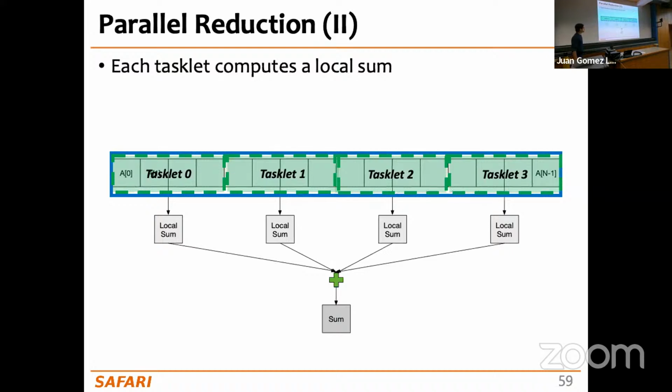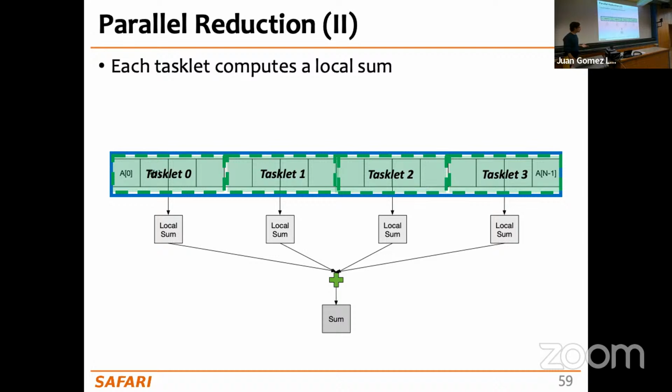And each tasklet, because in the end what we want to compute is the final sum, and the addition is commutative and associative, as you know, each tasklet can compute its local sum. And then, in this case, we have 4 local sums. So the last thing to do is to reduce these 4 local sums. How can we do it?